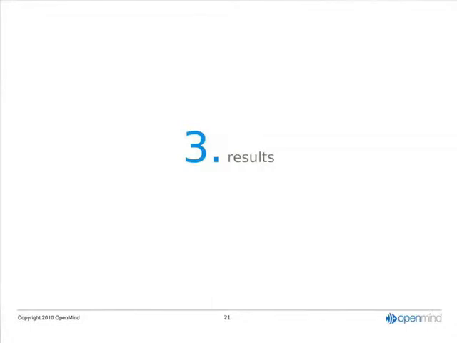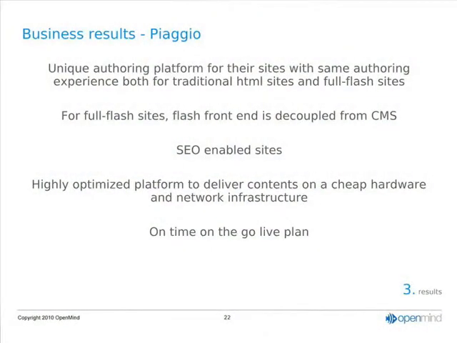Which are the results? From the Piaggio point of view, they have a unique authoring platform for their website, both HTML websites and Flash websites. And for full Flash websites, the Flash front end is decoupled from the CMS.